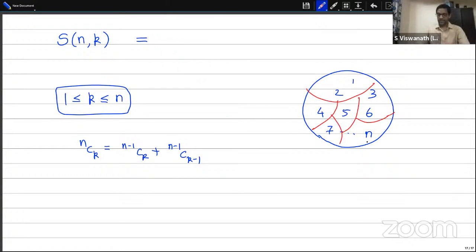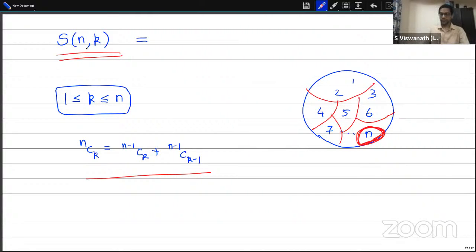Now again, just like in that binomial example, let's focus on one single fellow, which in this case, let me take the number n. Among these partitions into k subsets, let's look at those partitions in which n occurs as a singleton subset.